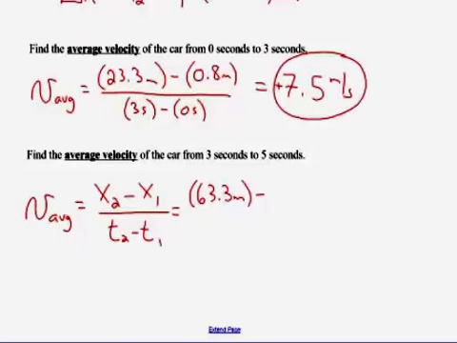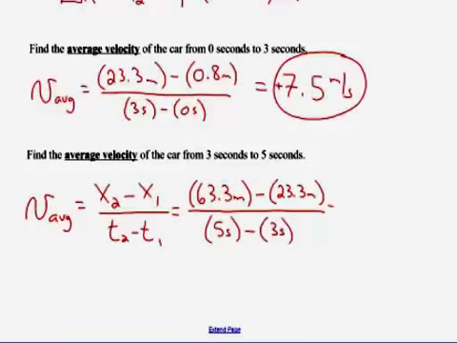And at 3 seconds, it's 23.3 meters. And the time interval is 5 seconds minus 3 seconds. So if we look at this, this is a 2-second long interval. So we have a displacement of 40 meters divided by a time of 2 seconds. This gives an average velocity of positive 20 meters per second.